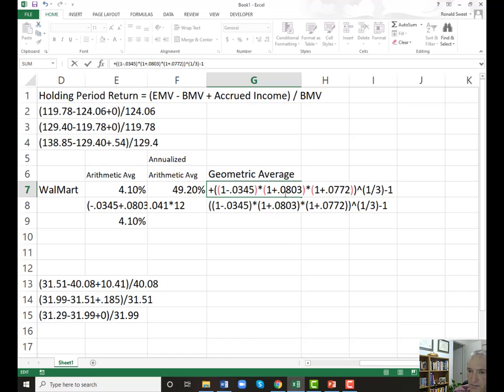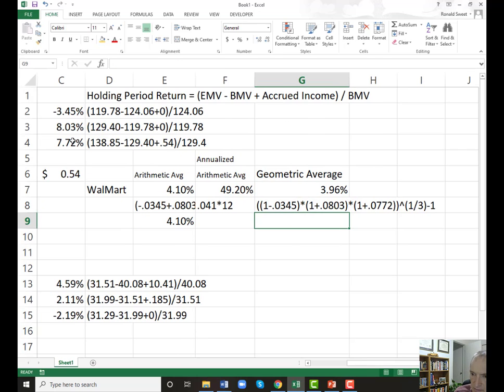It's a very, very popular formula. And when we do that, remember we said the geometric average must be less than the arithmetic average. The arithmetic average is 4.1%, and sure enough, we got something that's less than 4.1%. It's 3.96%. All right, so there's the geometric average.